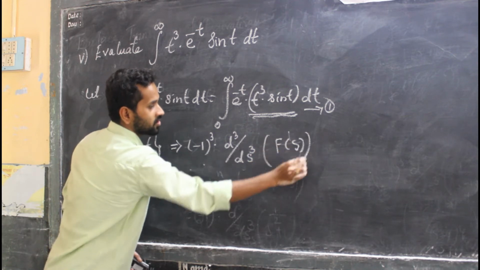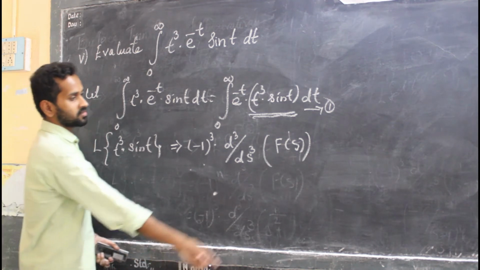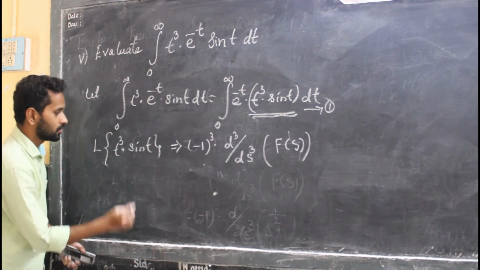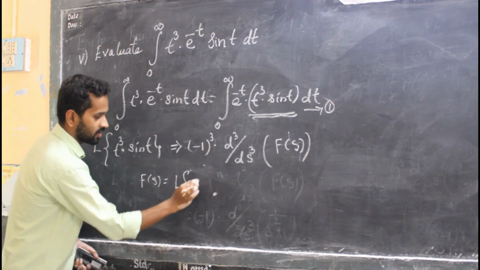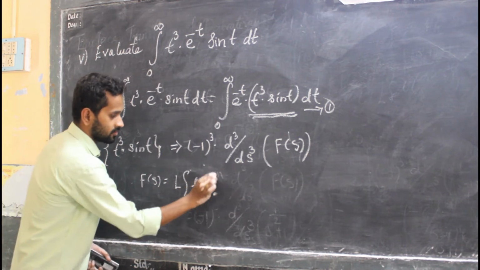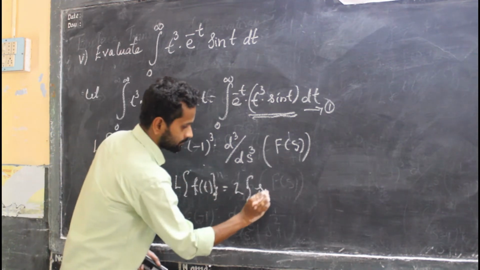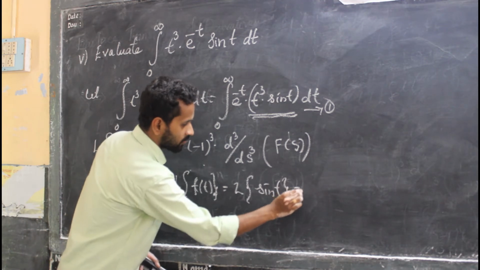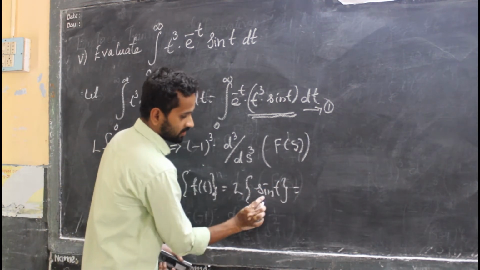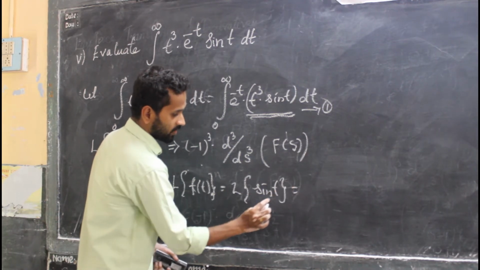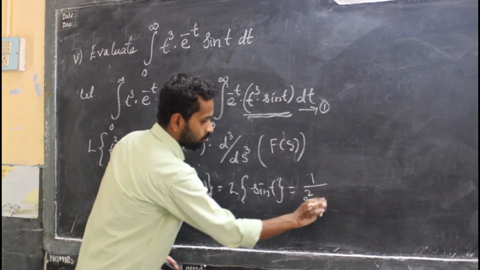Now my intention is to replace f of s here. So now let me find f of s. F of s is the Laplace transform of f of t, that is the Laplace transform of sin t. So what is the Laplace transform of sin t? We know that it is a divided by s square plus a square, that becomes 1 divided by s square plus 1.